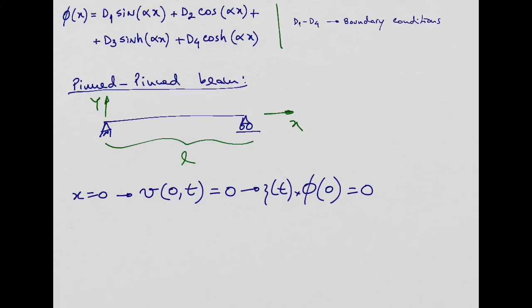I will have to get from this equation my phi of 0, which is going to be equal to, if I replace x with 0, sine of 0, which is 0. If I replace x in the cosine, I will have cosine of 0, which is 1. So I will have d2.